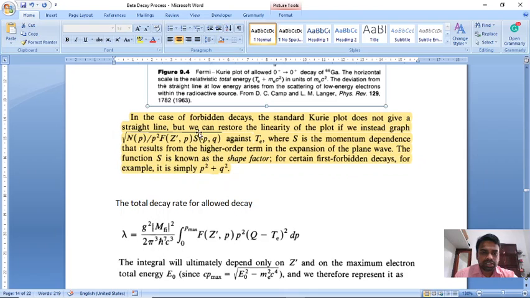The function s of pq is known as the shape factor. For certain first forbidden decays, for example, it is simply p square plus q square.